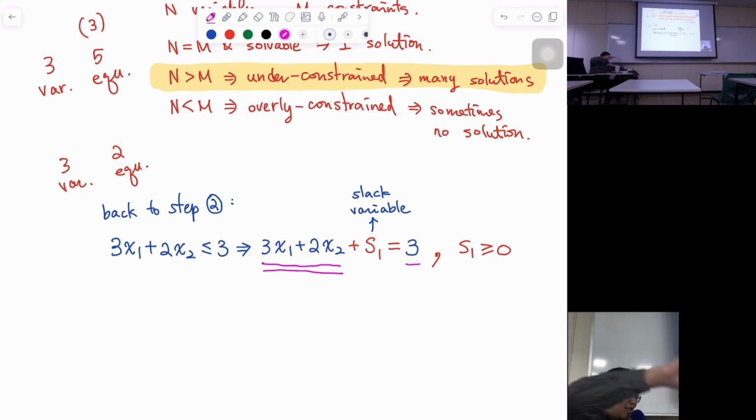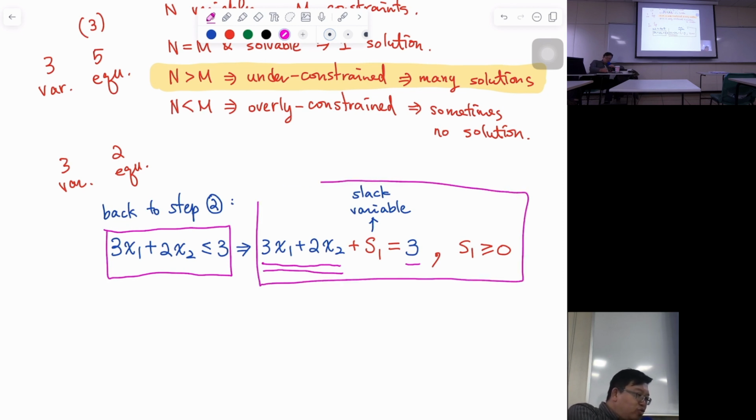So this part, the double line part, would be smaller than 3. So when you convert this inequality into these two new equations, if they are satisfied at the same time, then you still have 3x1 plus 2x2 smaller than or equal to 3. This is how you can convert an inequality into an equality. Okay?